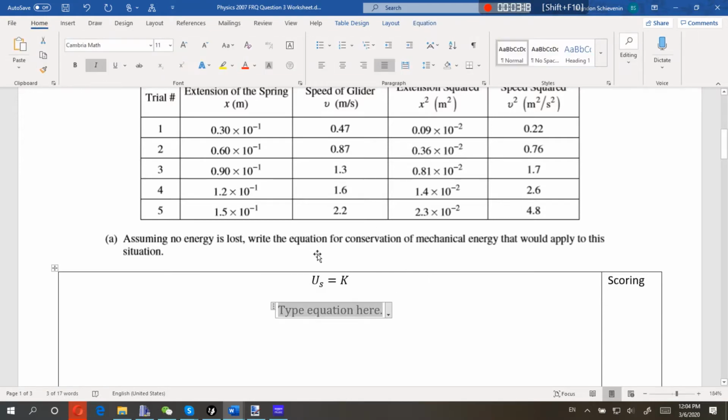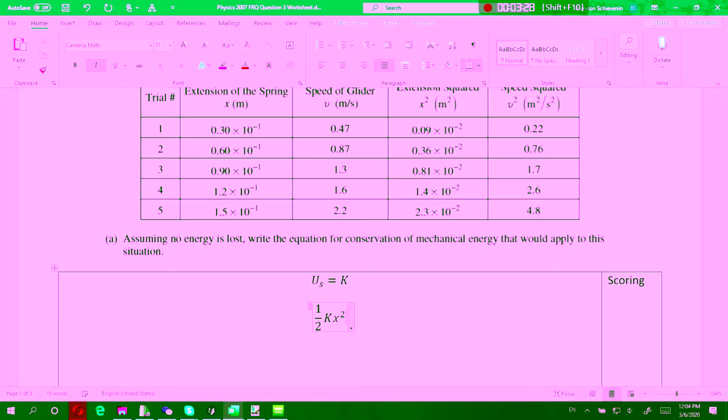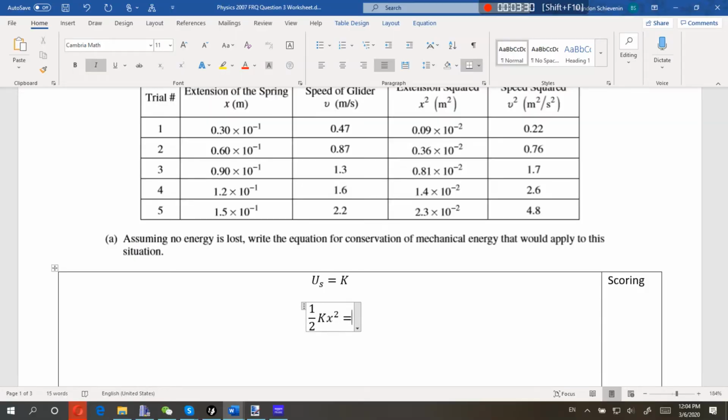Okay, so what's my equation for the elastic potential energy of the spring? One half kx squared. What is x? x is displacement from equilibrium to the maximum, maybe. Okay, so x is our displacement from equilibrium, and then kinetic energy is one half mv squared.